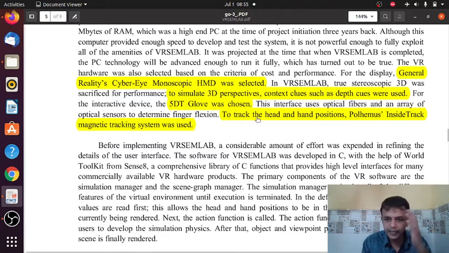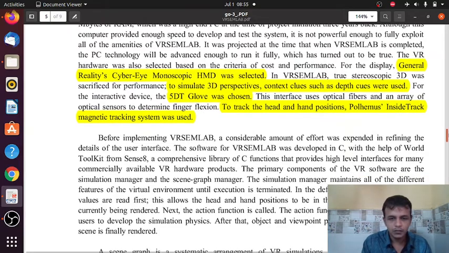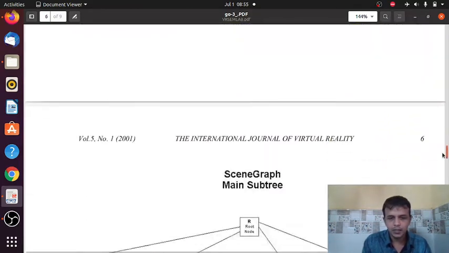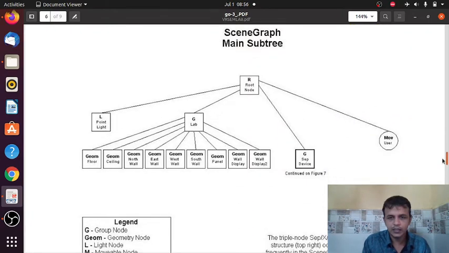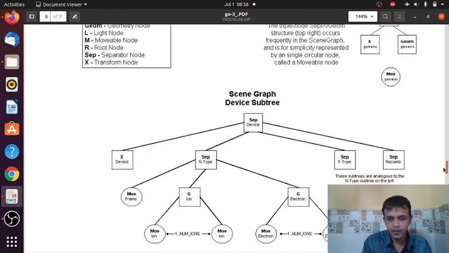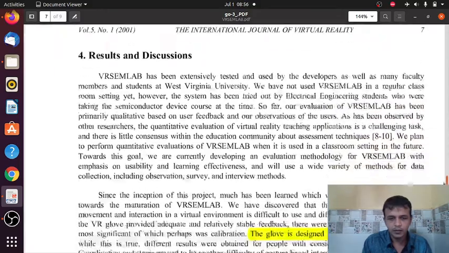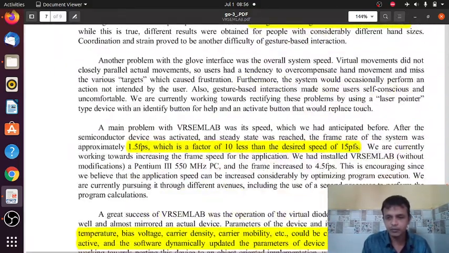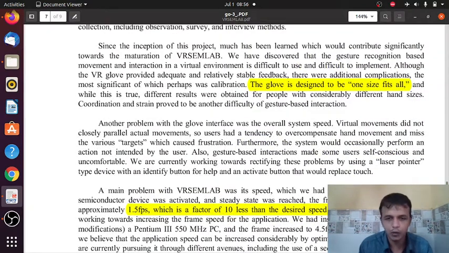To track the head and hand positions, they used the Polhemus InsideTrack magnetic tracking system, and the programming was done in C language. So these are the things they used, and this is the scene graph, and using this device they came to some discussion and conclusion.